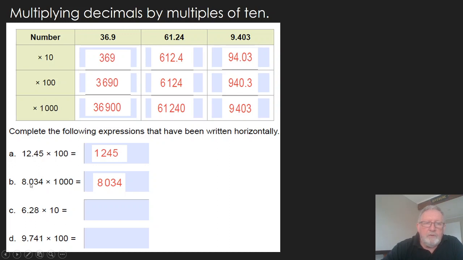Decimal point moved this way, or the numbers actually moved to the left. All right, multiplying by 10 should move it one place, so I'm predicting 62 and 8 tenths. And in the last, it should move two places, 974 and 1 tenth. And there you go.